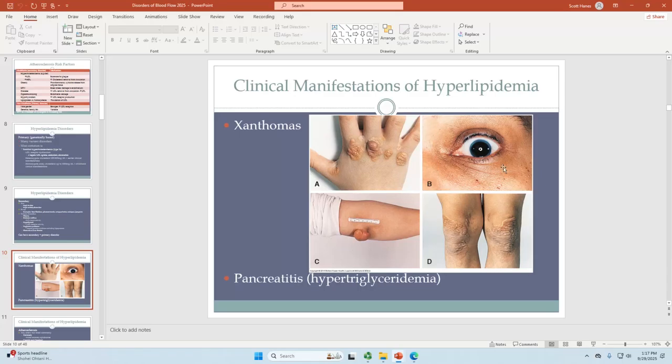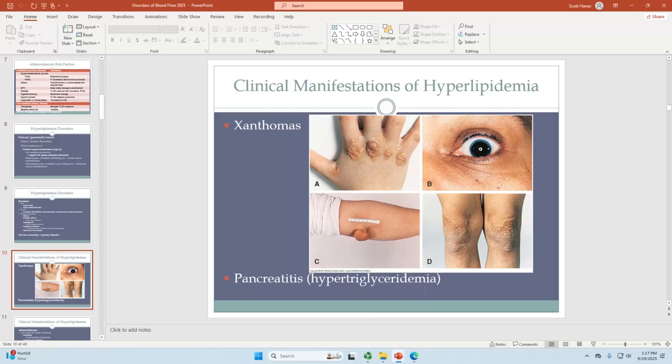Hard to see in this picture, but fatty deposits around the eye, little small, almost acne-like formations, but they're really made of lipid. Okay, so you can see those, but the concentrations typically have to be really high in order to be able to see it. So you won't see that in your typical patient that has hyperlipidemia of more moderate elevations of cholesterol, for example.